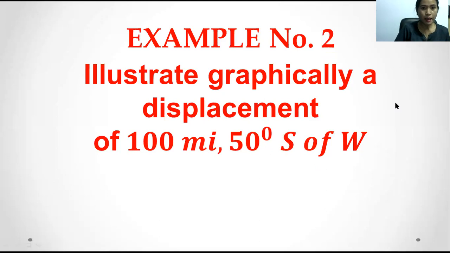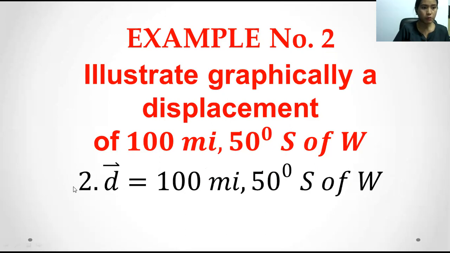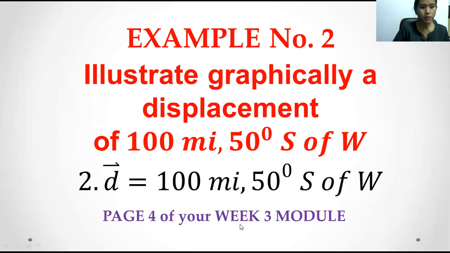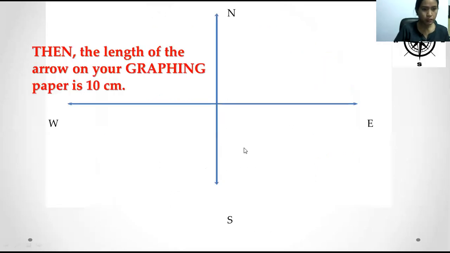This time, let's have example number 2, to illustrate graphically a displacement of 100 miles, 50 degrees south of west. Example number 2 is found on page 4 of the week 3 module. We have already prepared our Cartesian coordinate plane with the corresponding labeling of the cardinal directions.